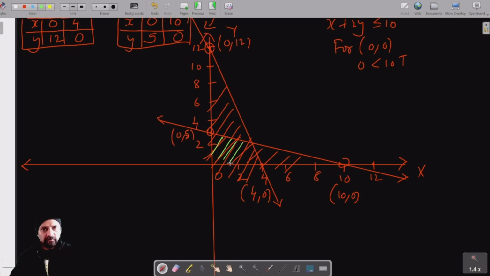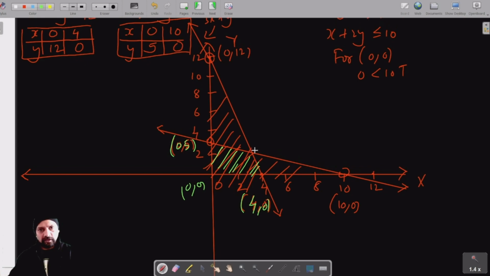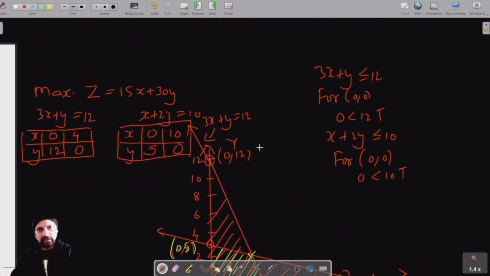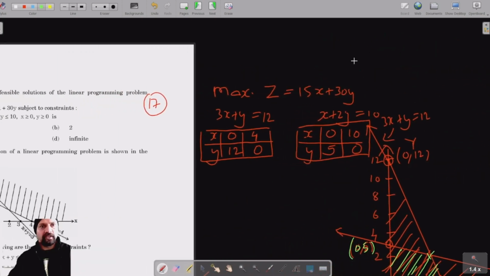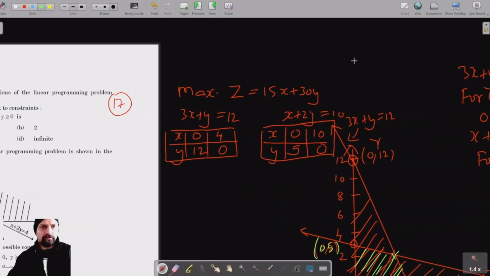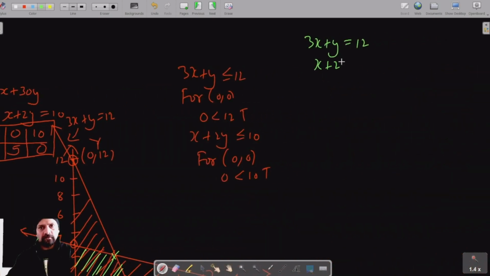So this is the common region, and its corner points are 0, 5, 4, 0, and origin, and the point of intersection of these two lines. So let's get the point of intersection of 3x plus y is equal to 12 and x plus 2y is equal to 10.